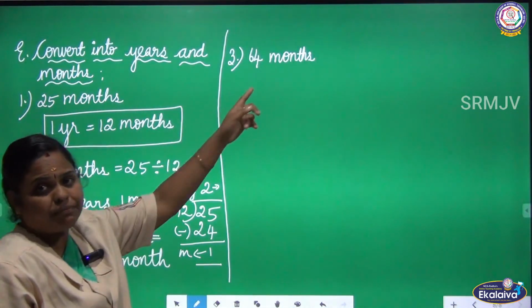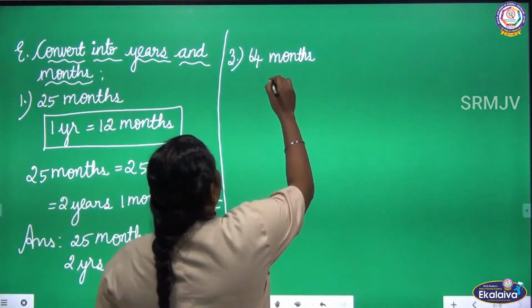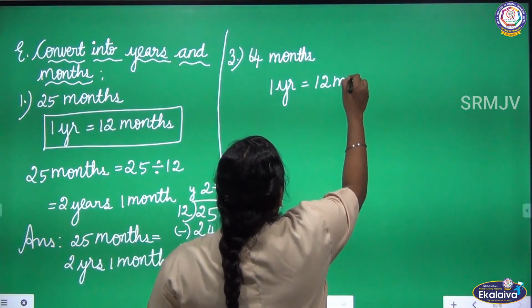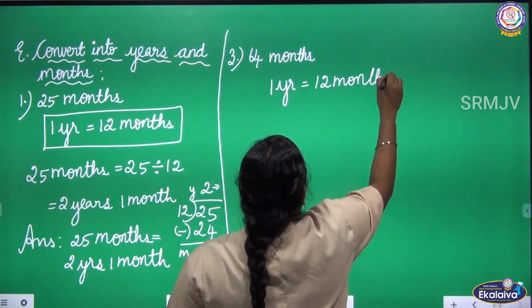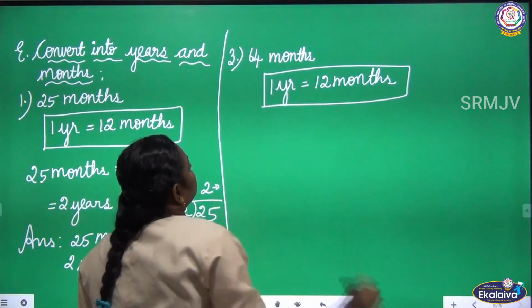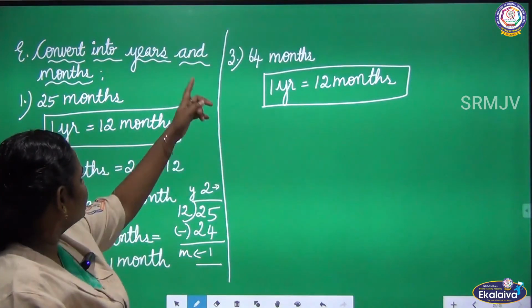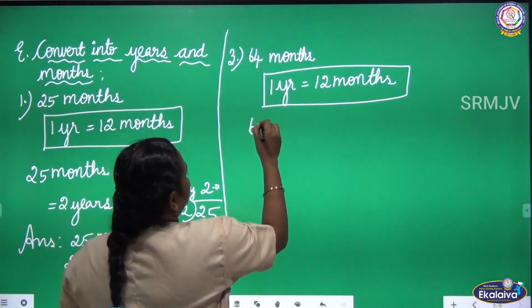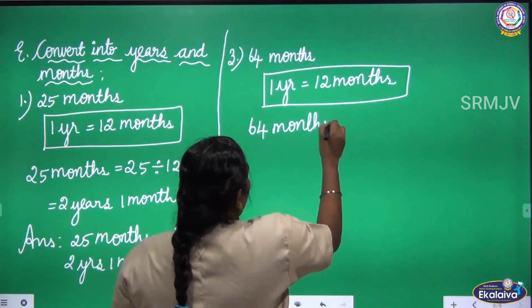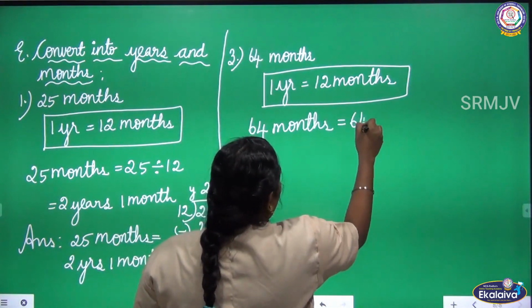Next, 64 months. So 1 year equal to how many months, children? 12 months. So listen, 64 months equal to, what we are going to do? We are going to divide it by 12.